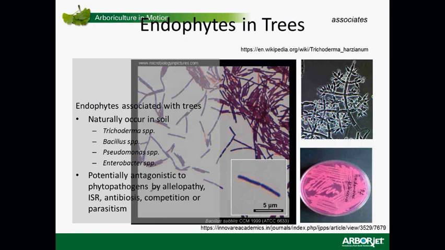Enterobacter is probably the one we're most acquainted with because some Enterobacter species actually form a bacterial wetwood in trees, and that bacterial wetwood is competitive with some fungal decay organisms and forms a kind of protection wood within the tree and prevents decay because it modifies the environment within the sapwood tissue that it occupies.